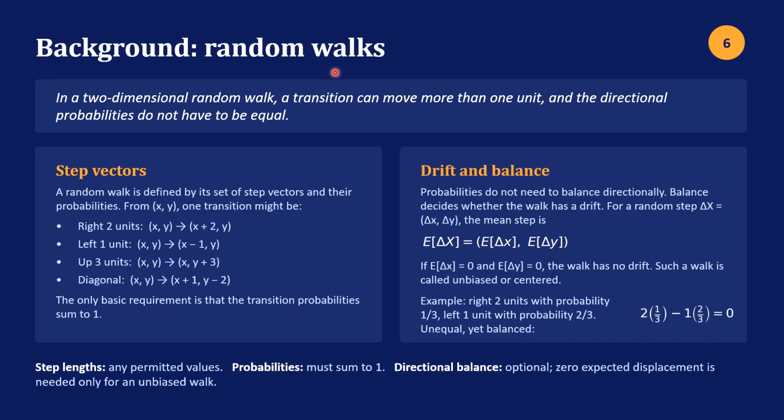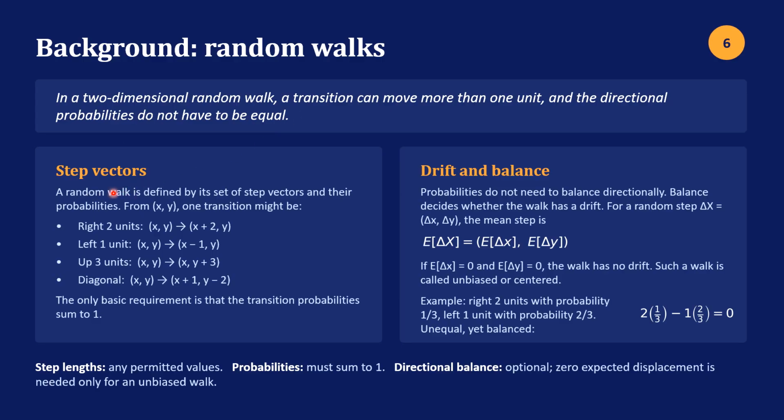Before I get to classifying stochastic processes, I want to talk a little bit about random walks, since I'll use those as examples in a few cases of the classification. So in a two-dimensional random walk, a transition can move more than one unit, and the directional probabilities do not have to be equal.